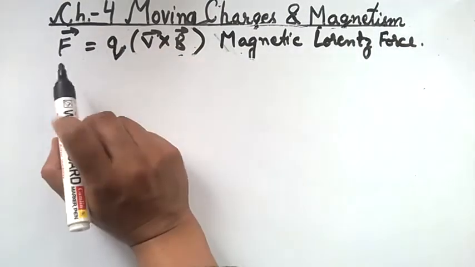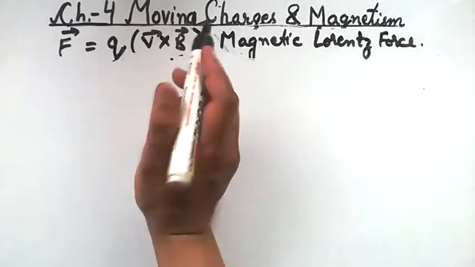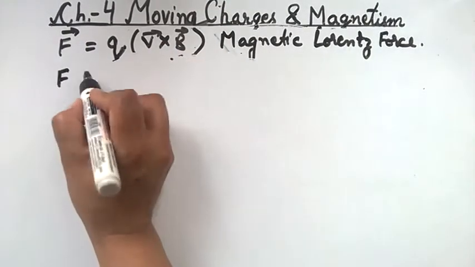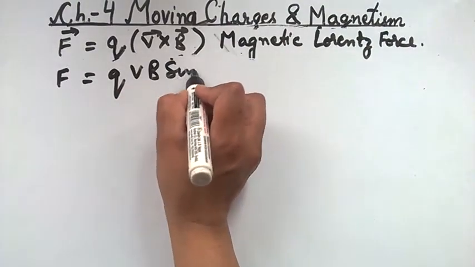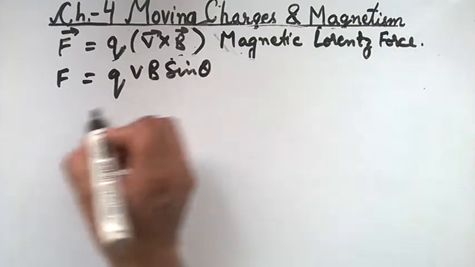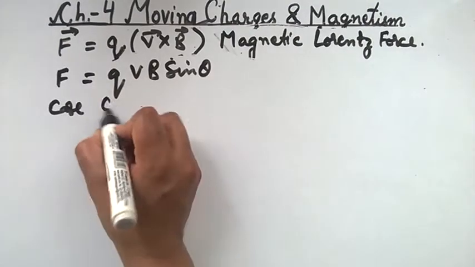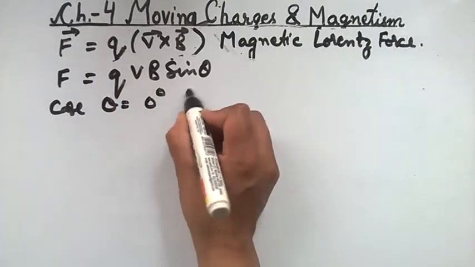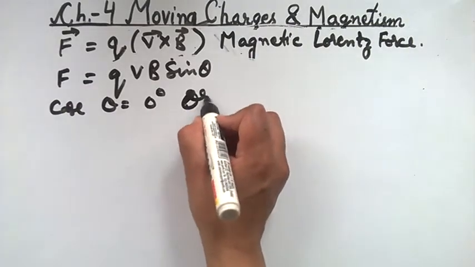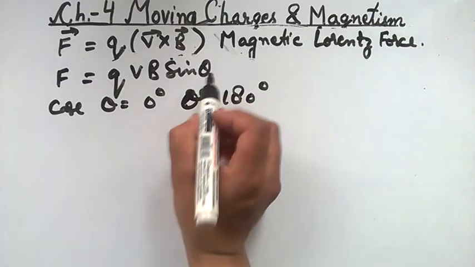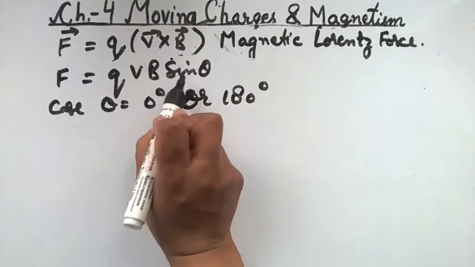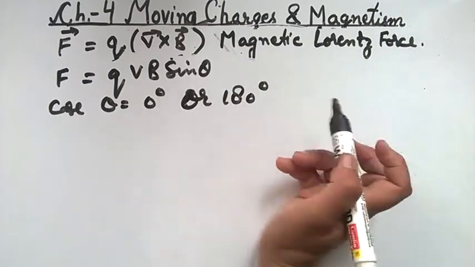Now as F is equal to QV cross B, by this we can study various values of forces. When theta is equal to 0 degree or 180 degree, then as we know, sine 0 is 0 and sine 180 degree is also 0.